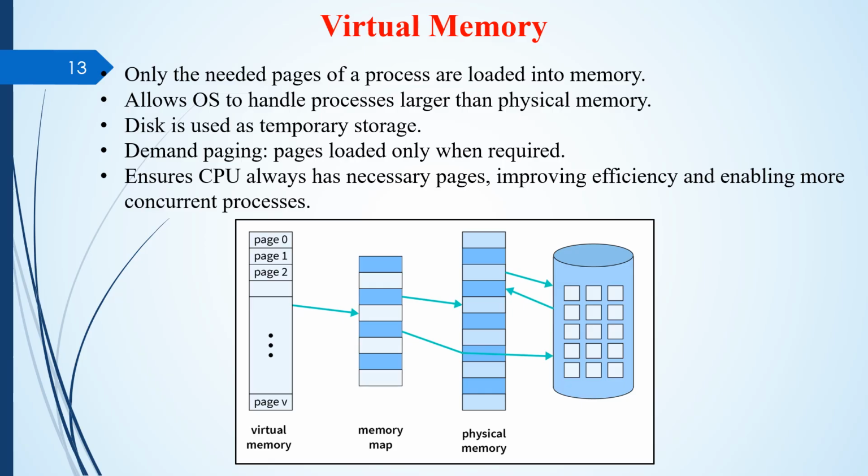The disk acts as a temporary storage area, and the operating system keeps track of which pages are required and when. Using demand paging, the operating system brings a page from disk into memory only when it is needed. This ensures that the CPU always has the required page ready, maximizing efficiency and allowing more processes to run concurrently.